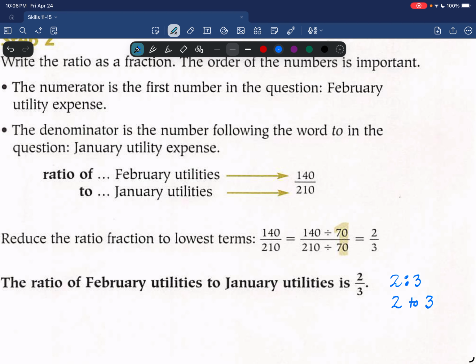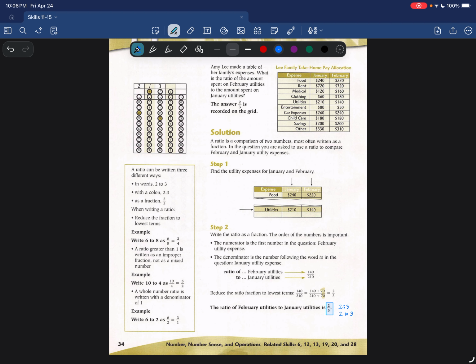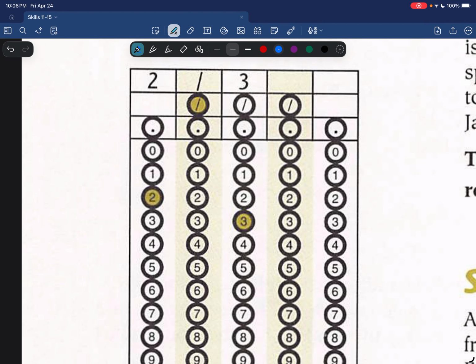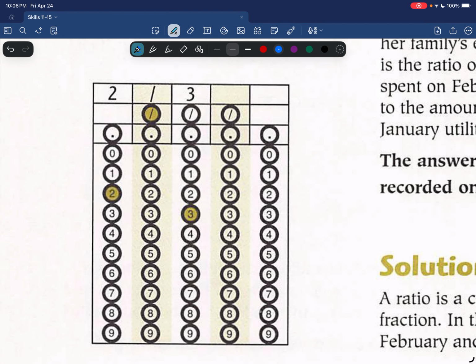But since we need to grid our answer, you would want it in fraction form. Let's look up here at this alternate answer grid. They have put in the 2/3 and gridded 2/3. Remember, you must bubble in the answers for the computer to read them.